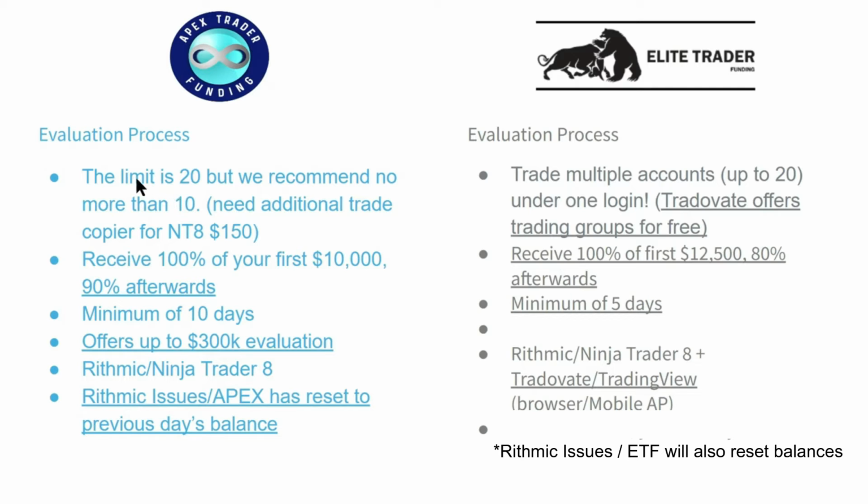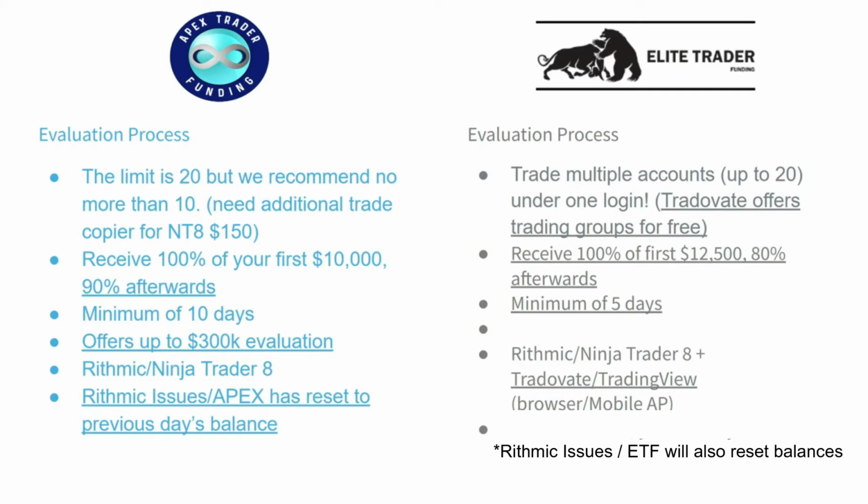All right, so some of the key things that I came across in the evaluation process: both allow you to trade up to 20 accounts. However, with Apex Trader Funding, you need their trade copier for NinjaTrader 8, and I think it was $150. I think that's what I paid for it. Whereas when you use multiple accounts with Tradovate, they actually offer trading groups that you can set up for free inside their platform.